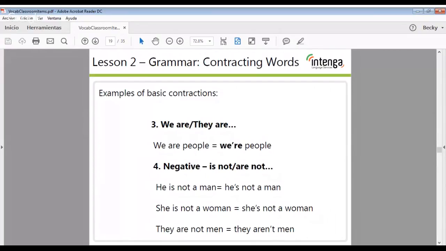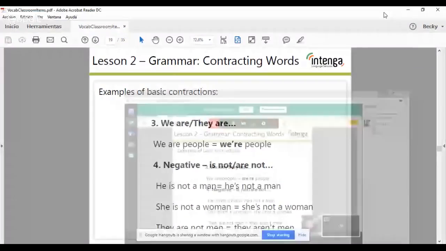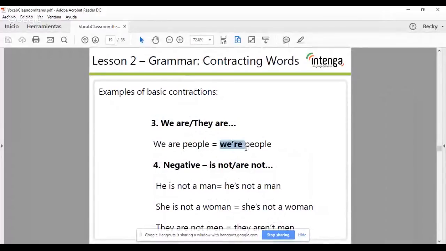I have so many people that see, for example, we're, and they still pronounce it we are. It happens, but it's a different word. I mean, we are is the same as we're, but we pronounce them differently. I see. Okay. So again, the same here. He is not a man. He's not a man.